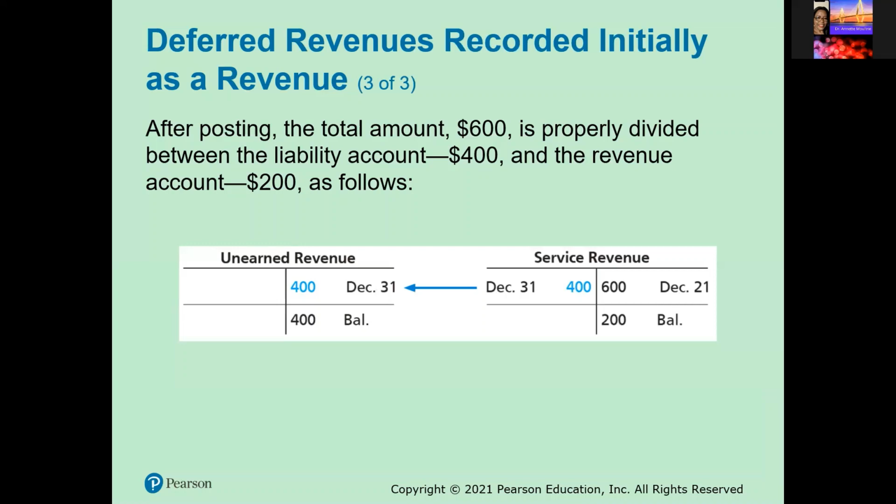So at December 31st, the $600 cash received is correctly divided. You have the $400 of unearned revenue and $200 of service revenue, regardless of whether the business initially credits the cash received to a liability or to a revenue account.